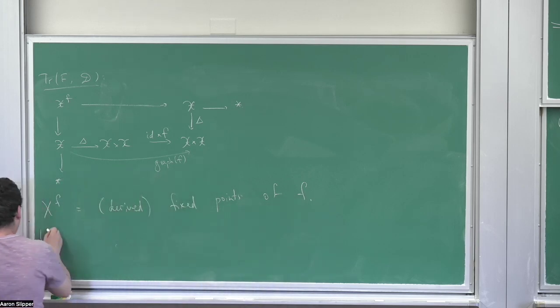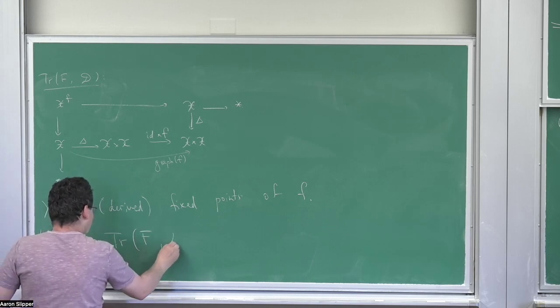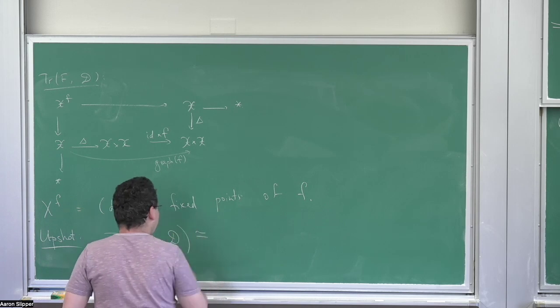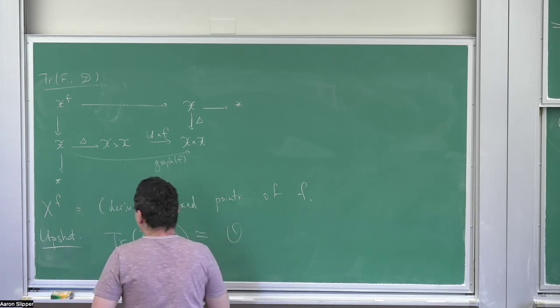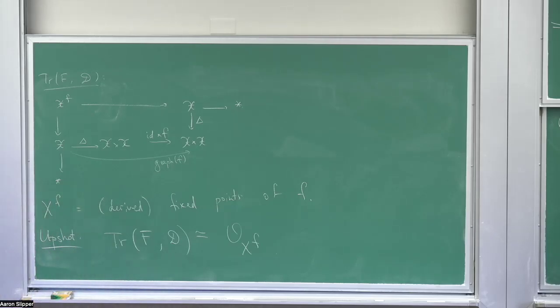So the upshot is that this trace gets identified with functions on this derived fixed point. So there's a kind of geometric description in this case of what this is.